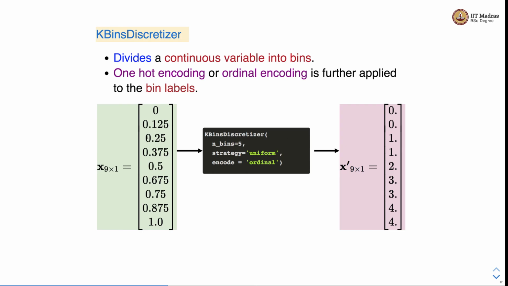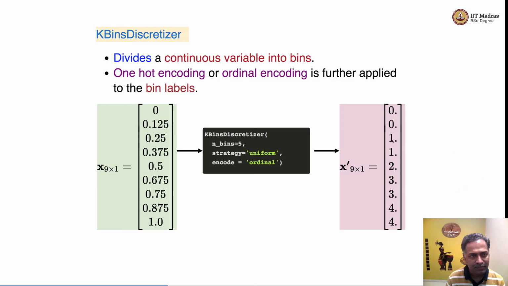Then we have values between 0.2 to 0.4 transformed to 1, 0.4 to 0.6, there is only one value which is transformed to 2, 0.6 to 0.8 is transformed to 3, and 0.8 to 1 is transformed to 4. So this is how KBinsDiscretizer works. Sometimes we need to convert numerical features into such discrete features, and KBinsDiscretizer will help us perform that transformation.